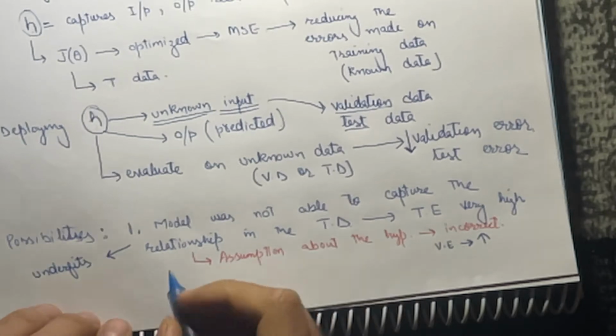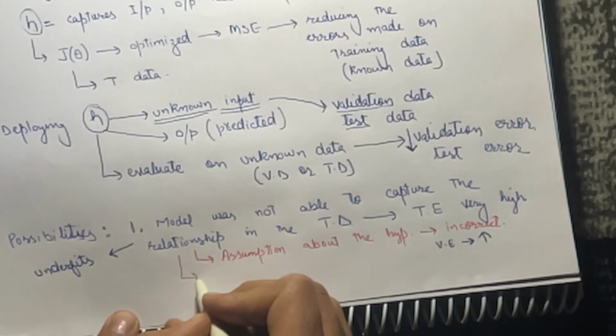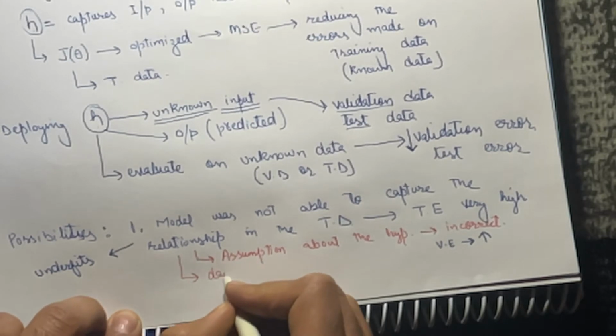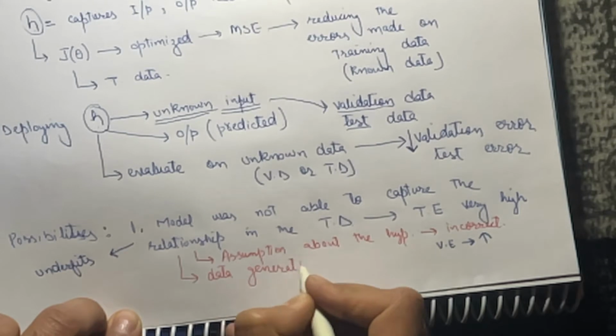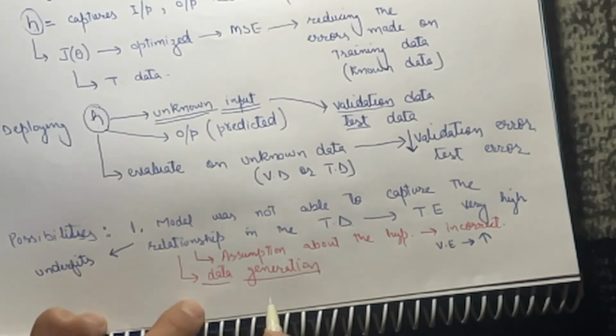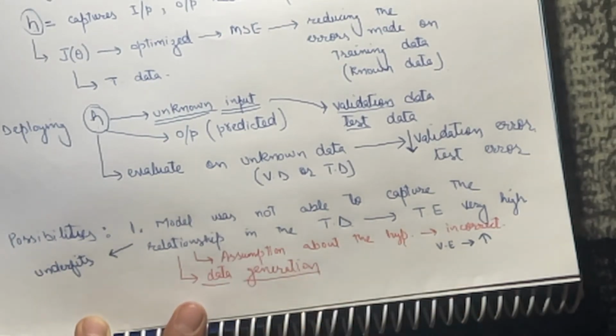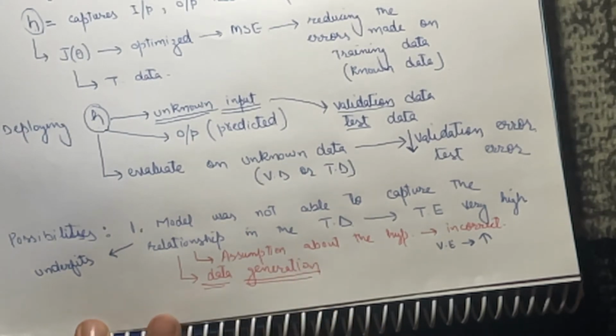We can say the function that we are assuming is not the function of data generation, because the data is generated by some particular function and we want to capture that function, but we are assuming a different relationship. So our model won't be able to capture the relationship.